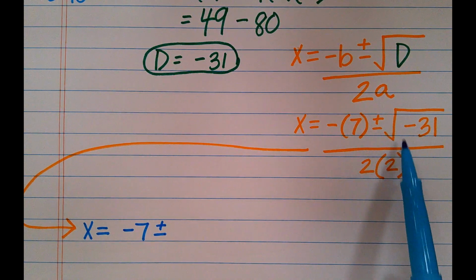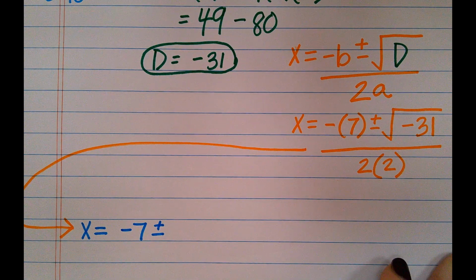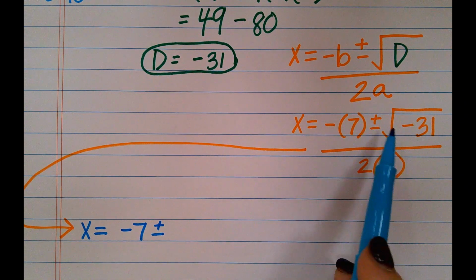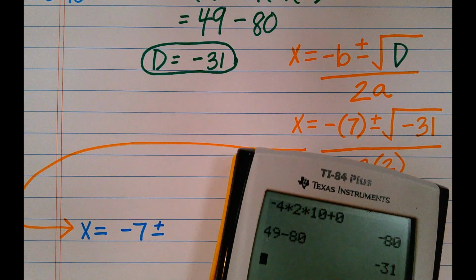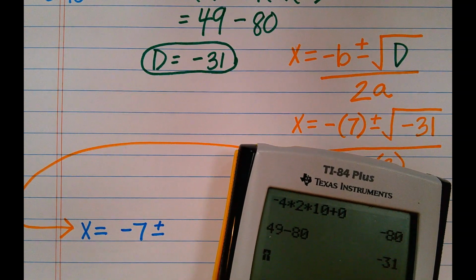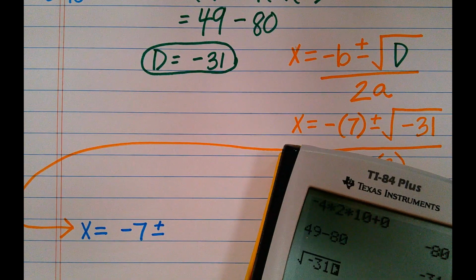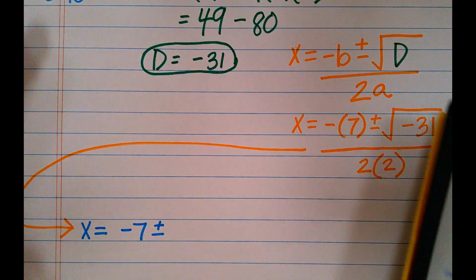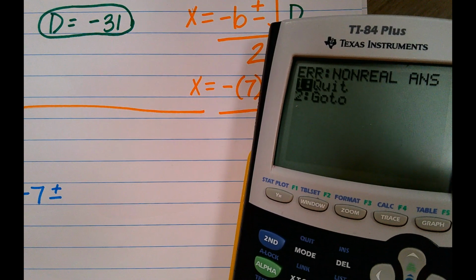Now, I have the square root of negative 31. I cannot do that. You cannot find the square root of a negative number. If I tried, it's going to tell me a non-real answer. It's not going to work.